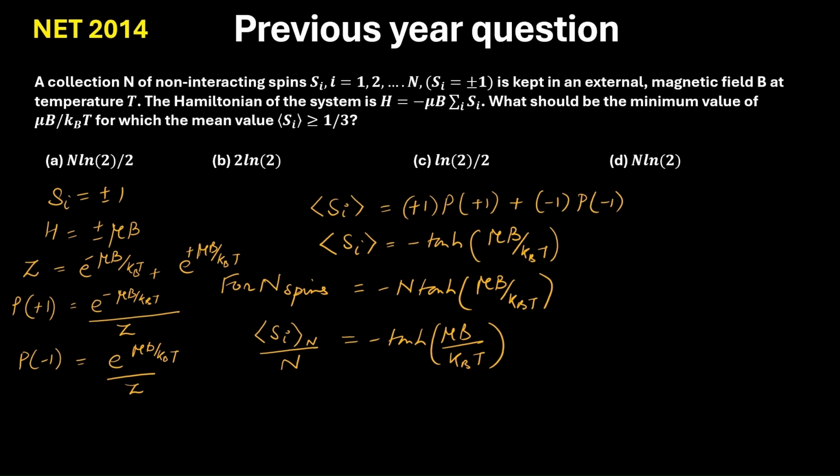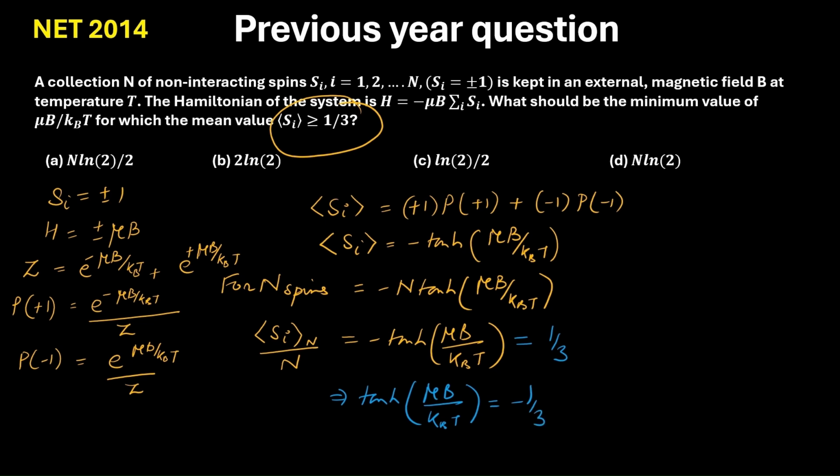Now we are given a condition that the average value should be greater than or equal to 1 by 3. So what we can do is substitute the equal to 1 by 3 condition here, the minimum value. So from this expression we are getting tanh(mu B by k_B T) is equal to minus 1 by 3.